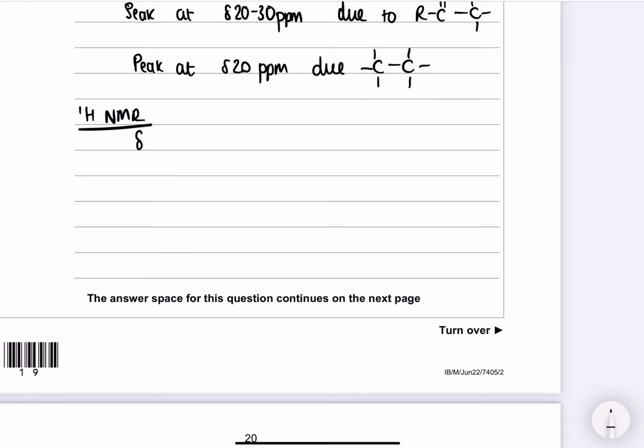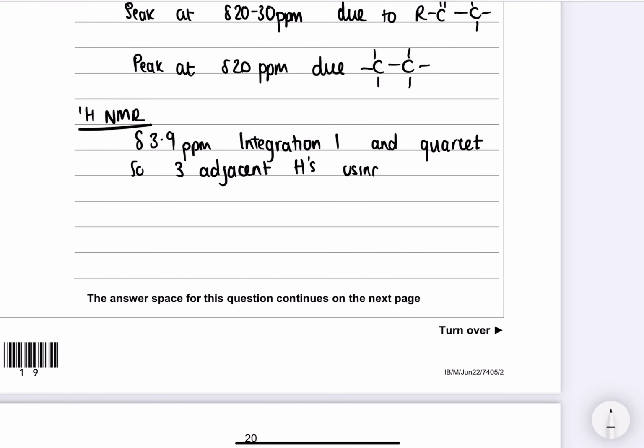So we had a peak at delta 3.9 parts per million with integration 1. So 1 proton living in this environment. And it was a quartet. So 3 adjacent H's using the n+1 rule. So 3 becomes a peak of 4.